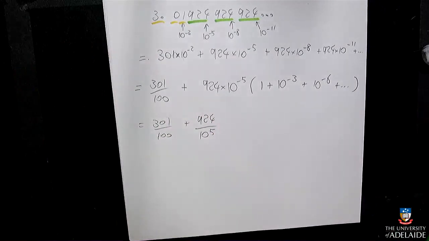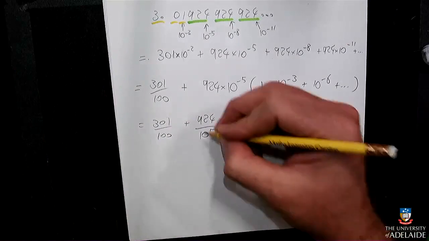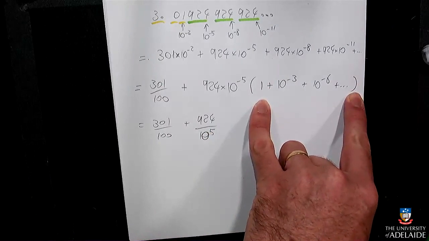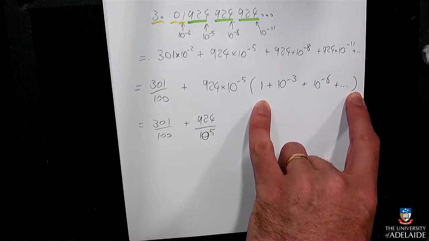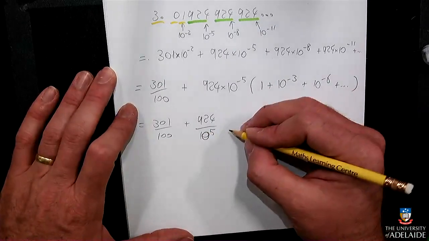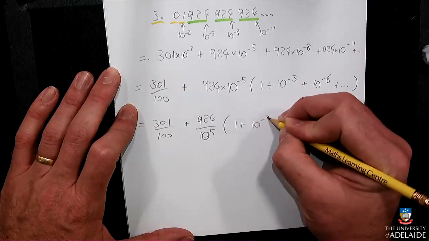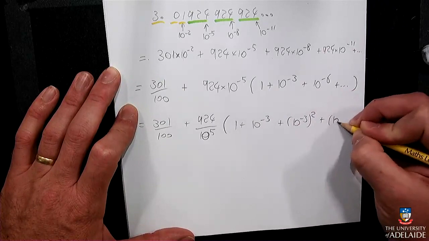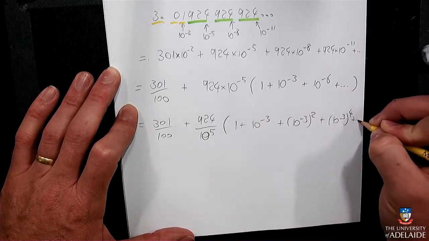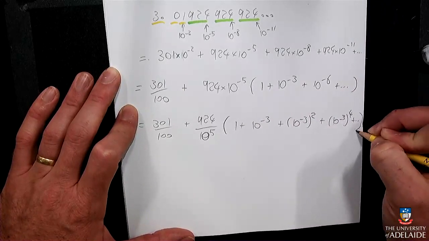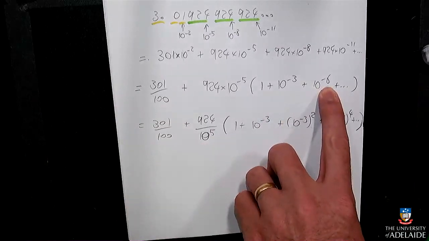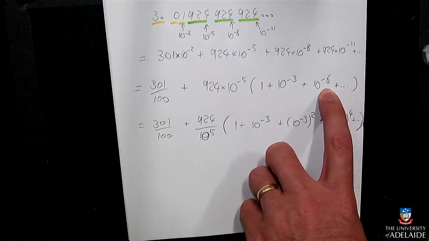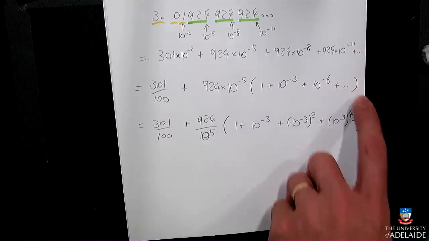So I'll just write it as a fraction. So here's the thing. This is a geometric series. I have one more thing to do to make it really obvious that it's a geometric series. That minus 6, well, it's 2 minus 3s. And the next one will be minus 9, which is 3 minus 3s.